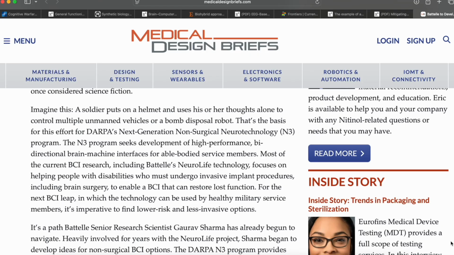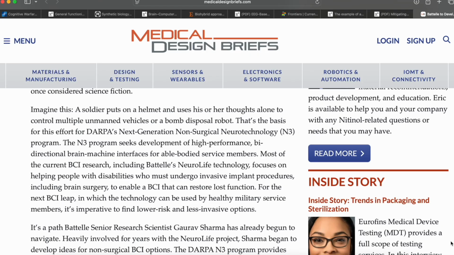The N3 program seeks development of high-performance bidirectional brain-machine interfaces for able-bodied service members. Most of the current BCI research, including Battelle's Neurolife technology, focuses on helping people with disabilities who must undergo invasive implant procedures, including brain surgery, to enable a BCI that can restore lost function.